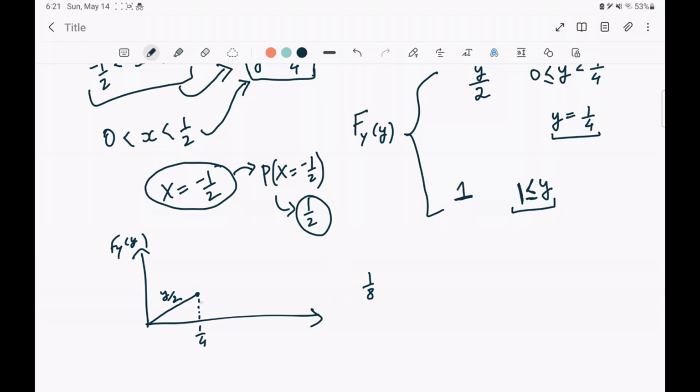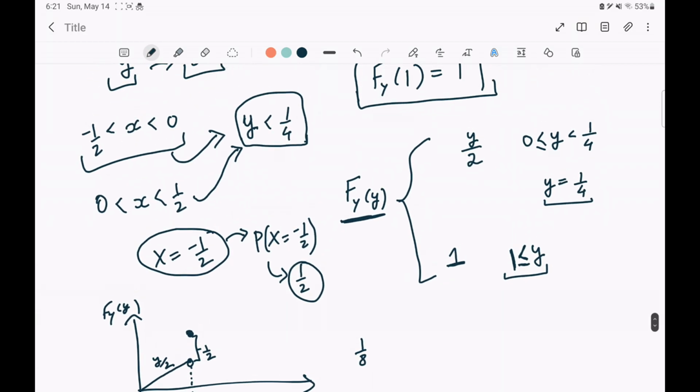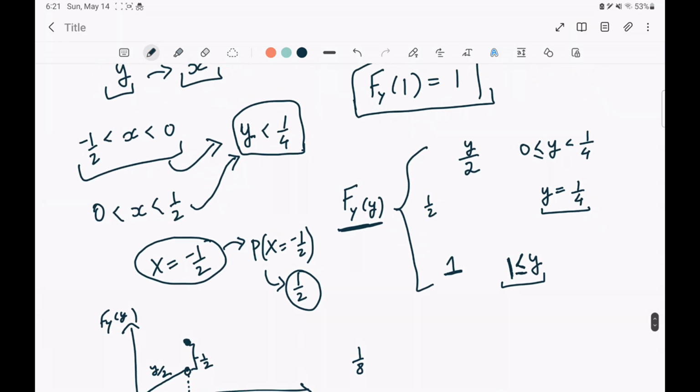So this point would be 1 by 8, and if you add half to it, then you would get this point where the CDF of y would take up the value of this. So this is nothing but half plus 1 by 8, which is 5 by 8. So it will take this value.